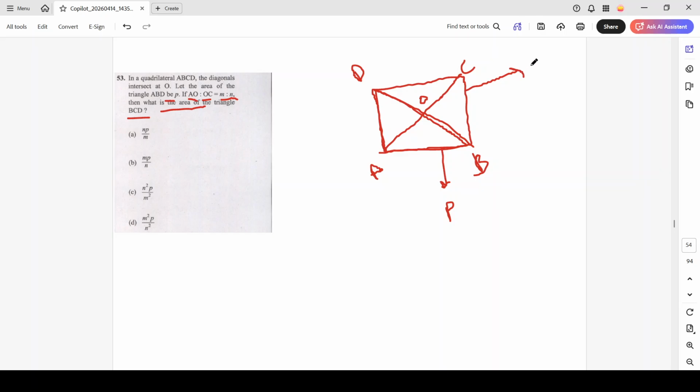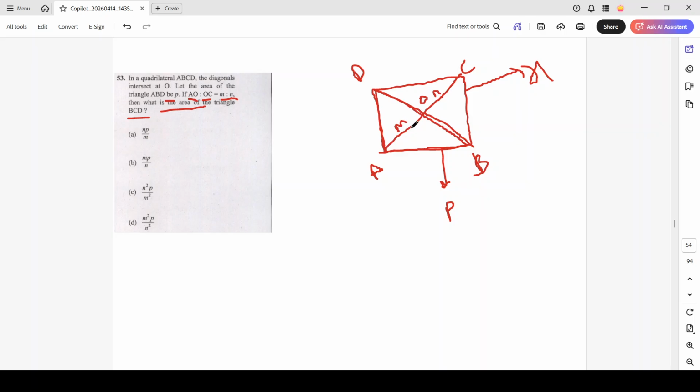Let the area of this triangle be X. Then we need to find the value of X. One of the things given to us is AO ratio OC is M ratio N.